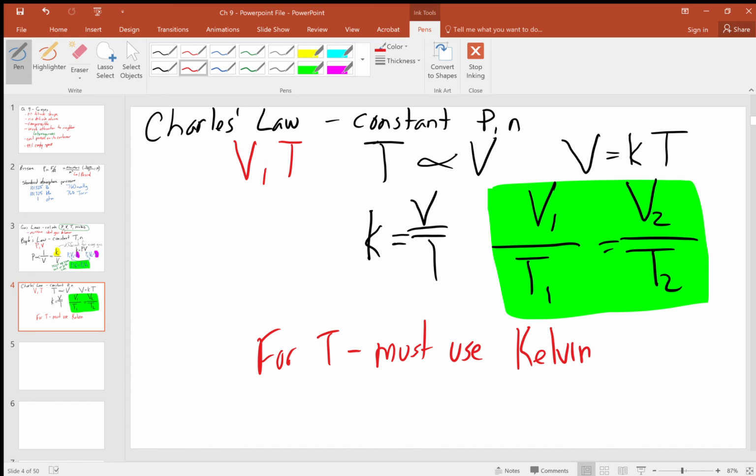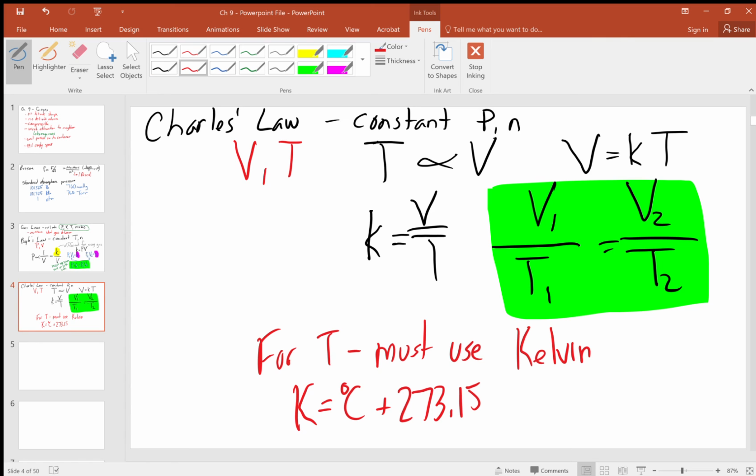Why do we have to use Kelvin? Well, remember, Kelvin is equal to degrees Celsius plus 273.15. And so the coldest temperature that can exist is 0 degrees Kelvin. That's known as absolute zero, where essentially all motion, all matter stops moving. So you can't go below zero.